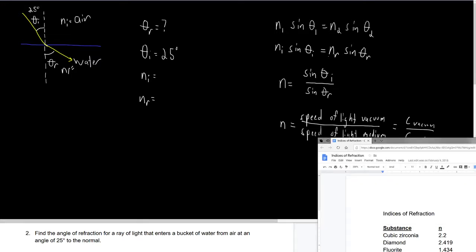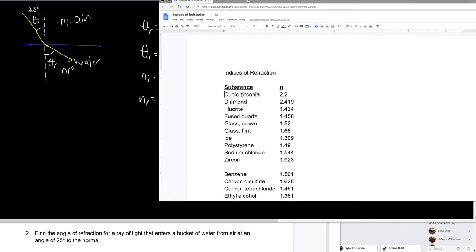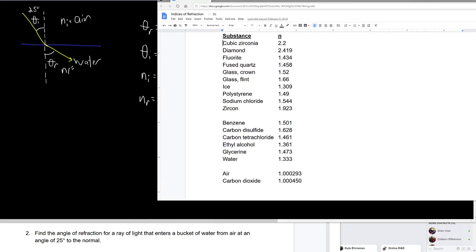Down here, I have a list of the different indices of refraction, going through different substances. Up here we have solids, liquids here, and then gases down here.